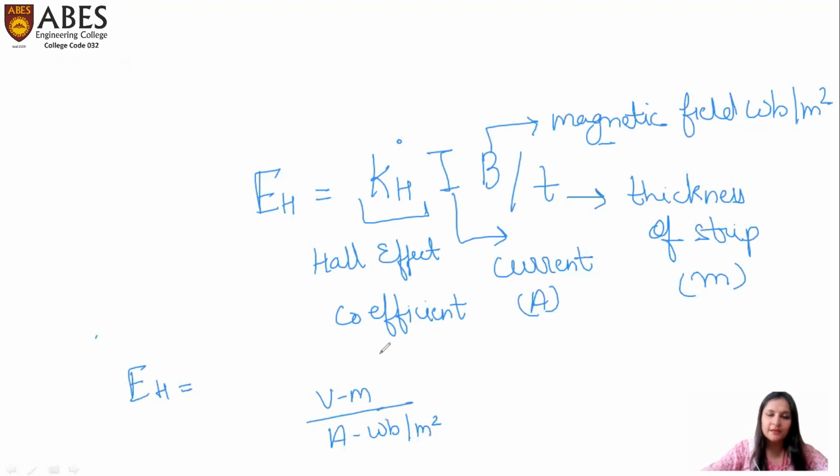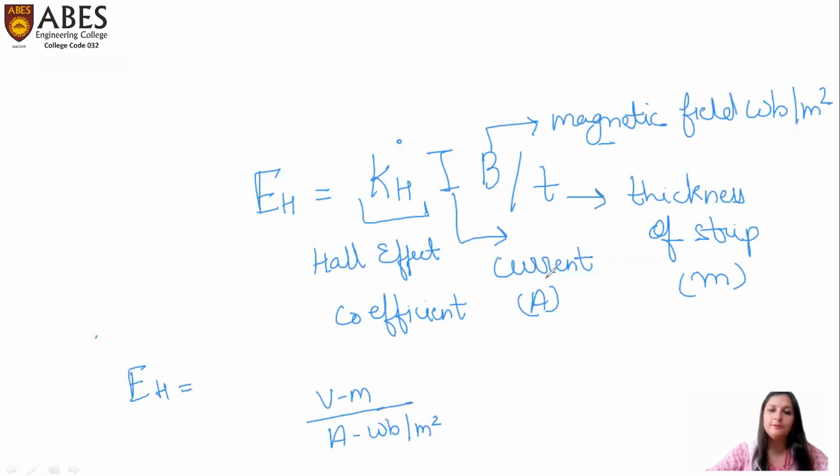This complete effect of having a conducting strip in a magnetic field is known as the Hall effect, and whenever we use this effect to measure the position of any material placed near this Hall sensor, that is known as measuring position using the Hall effect.